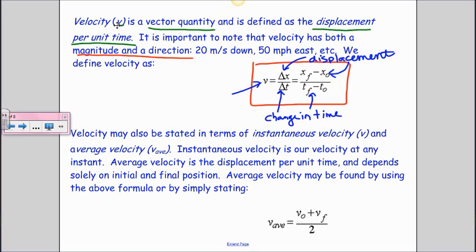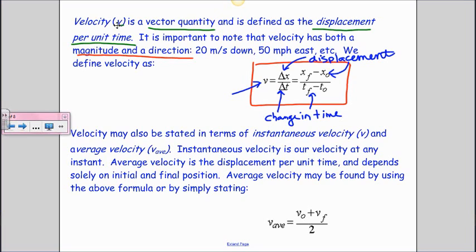Average velocity is the displacement per unit time and depends solely on final and initial position. So if you're running across a soccer field, you can speed up and slow down and speed up and slow down, but your average velocity only depends on where you started and where you ended and how long it took you to get there.